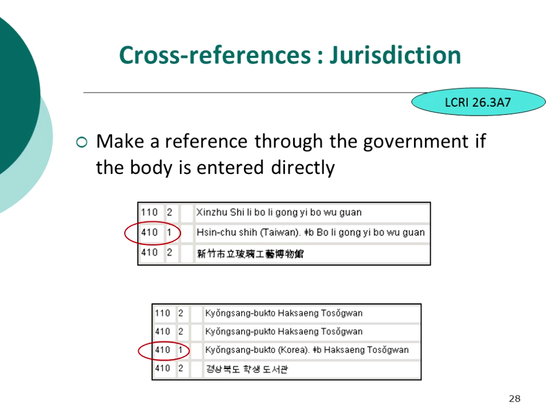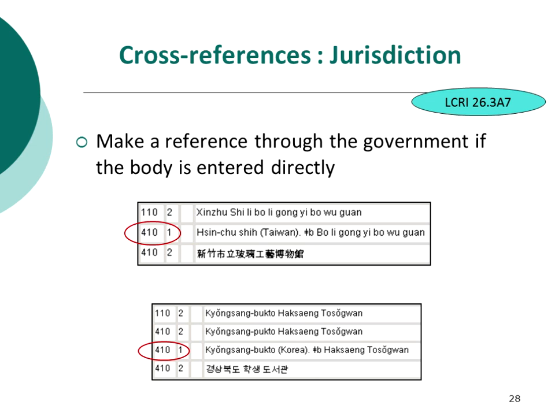I see this is a museum. Okay, the museum is administered under the government, so it's a government body, and the cataloger decided that the heading should be entered directly. So according to the rule, we provide a cross-reference entered under government, under the city name. Okay, so that's the red circle under the first 410.